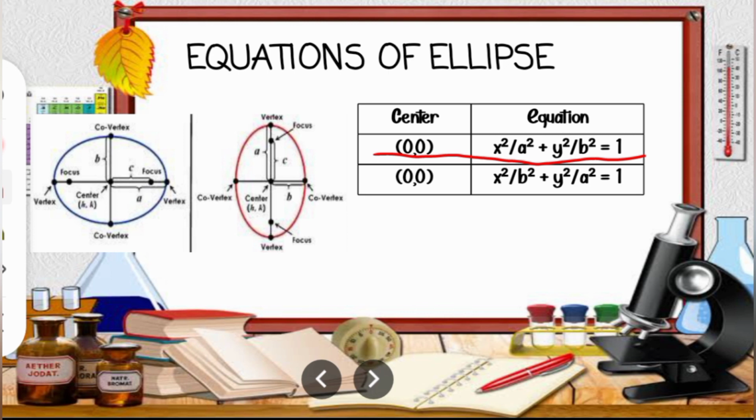The second equation for an ellipse centered at 0, 0 is x squared over b squared plus y squared over a squared equals 1.